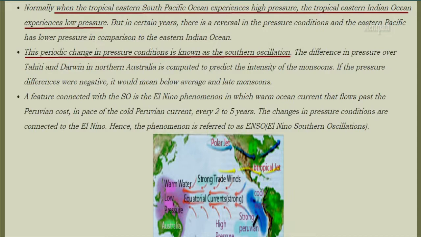This periodic change in the pressure conditions is known as southern oscillation. The difference in the pressure over Tahiti and Darwin in northern Australia is computed to predict the intensity of monsoons. If the pressure differences are negative, it means that monsoons will be below average and late.